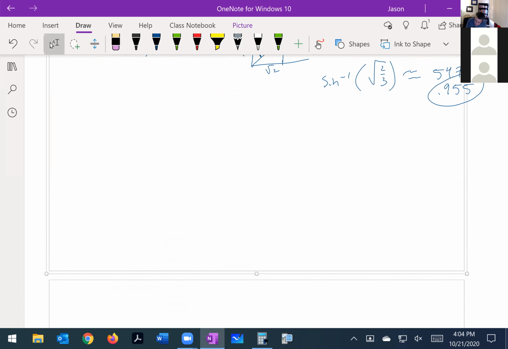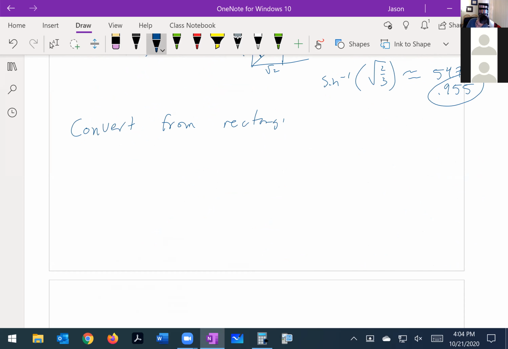Well, how do we convert from rectangular to spherical? Oh, I probably should have done this before I did all this math, but that's okay.